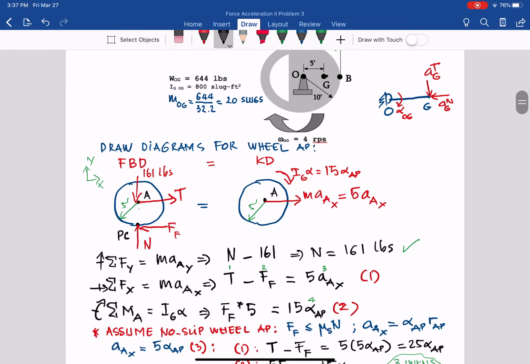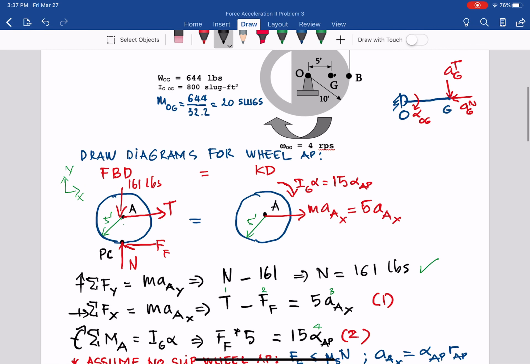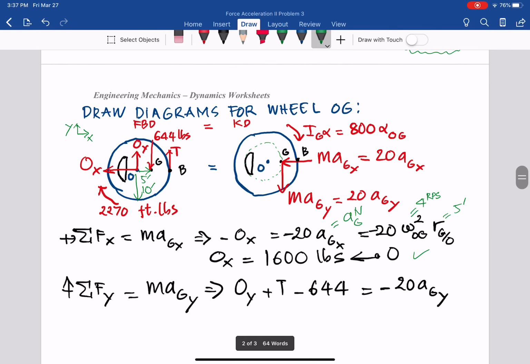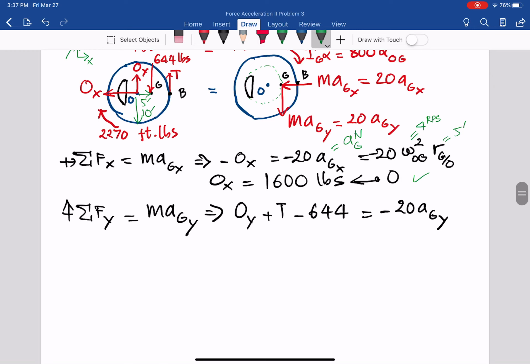AGY, like I say here, equal to the Y component there, right? And this one equal to the X component, we already talked about. So from that, tangent with the direction, we can replace that with alpha OG times the radius of G relative to O.